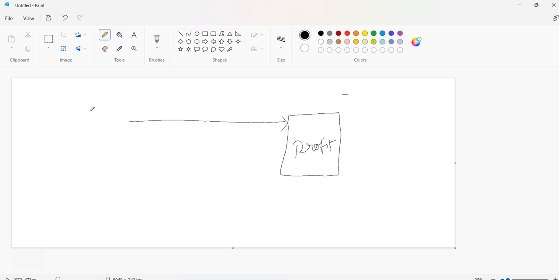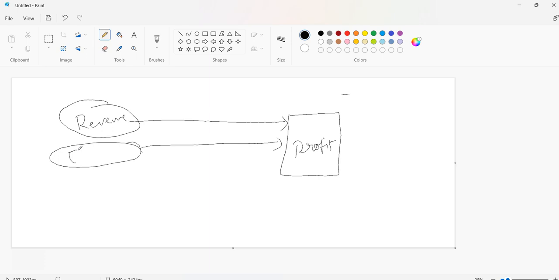It will be influenced by the revenue, it will be influenced by the expenses, and it will be influenced by the taxes. So this is the influence chart for calculating profit.